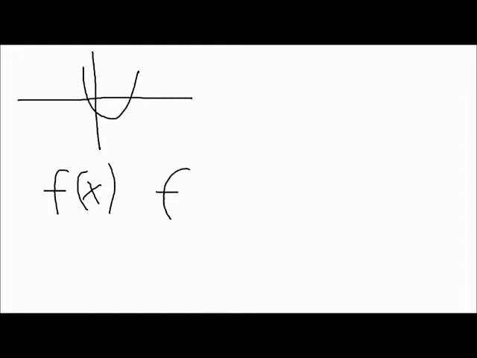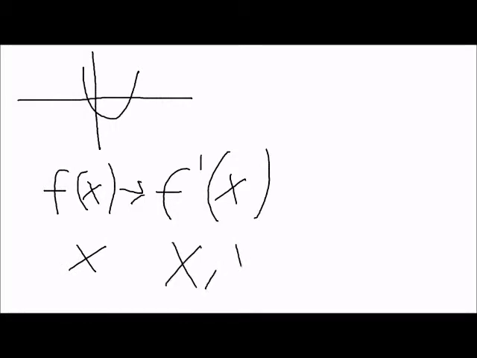Let's draw a little arrow. What f prime x does is if you take a point x, and then you have a coordinate x, y, then it gives you the slope of the tangent line that intersects at that point x. Or in English, it's the slope of a point? Yeah, sure, pretty much.